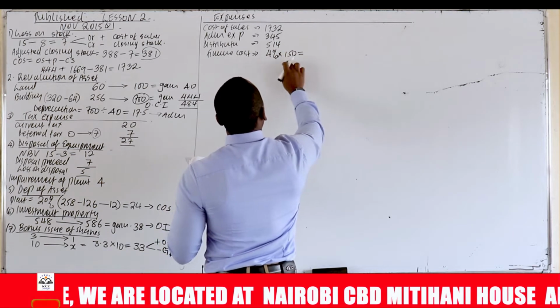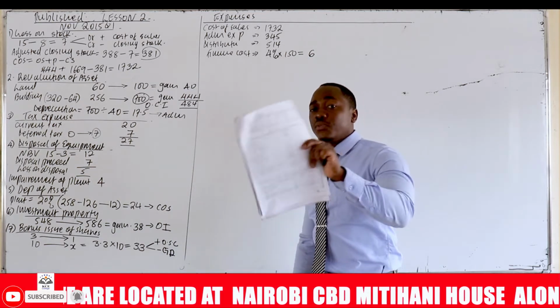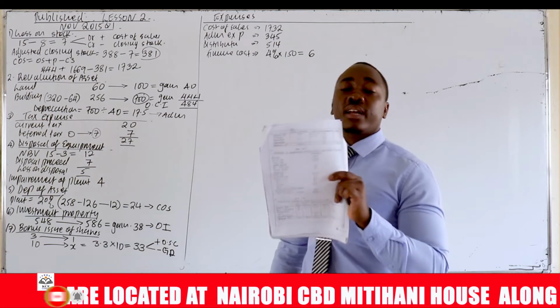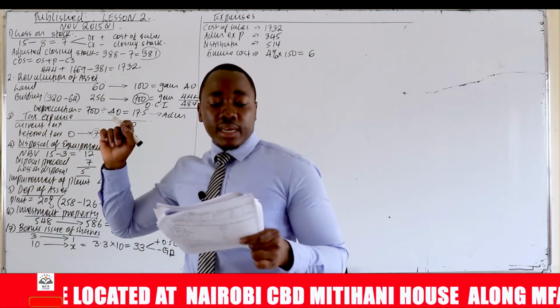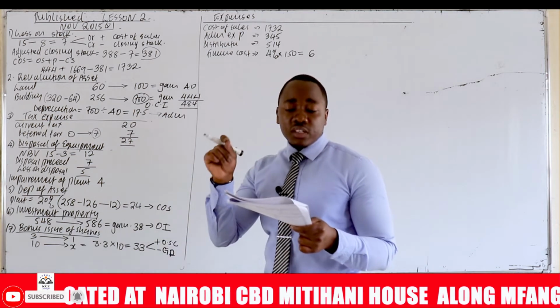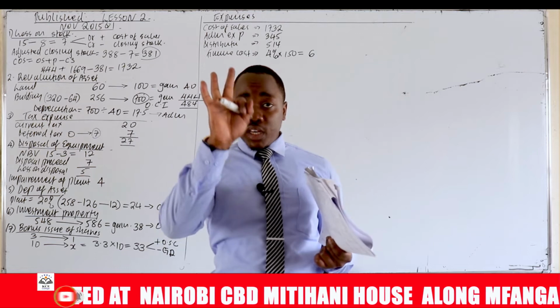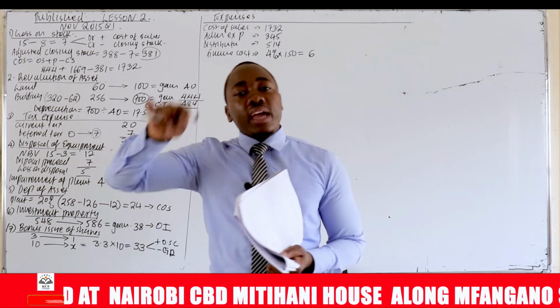And 4% of 150 is 6. Now, this is what you call the interest charge for the year, and that's what you're supposed to take to the income statement. What they incurred rather than what they paid. But if you go to the trial balance, the second item, the loan interest paid, they have shown you 3. So that means that 3 in the trial balance is what they have paid.